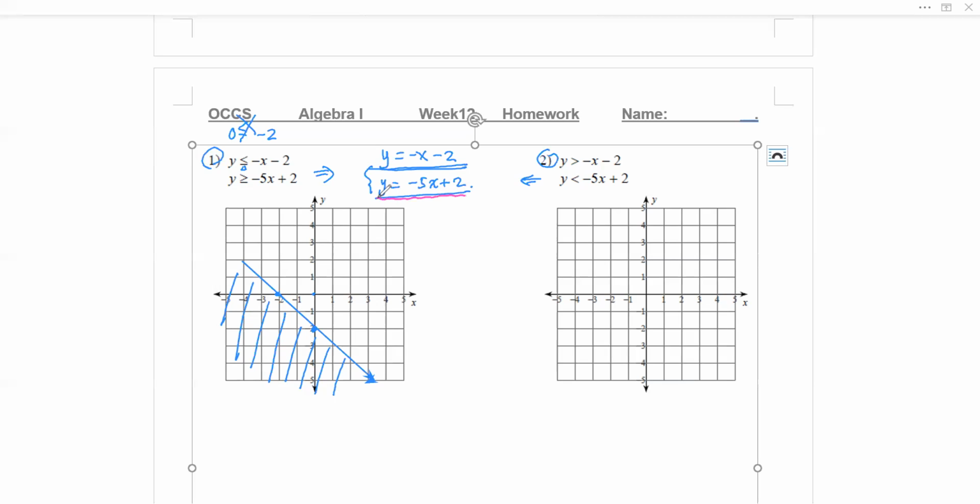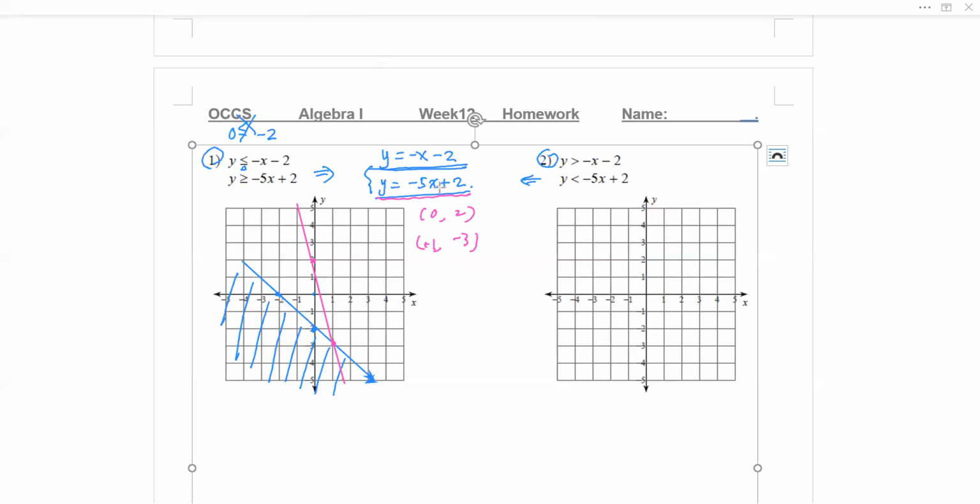So this one passes through 0, 2, which is the y-intercept. And for the other point, we just pick any one, like negative 1 or positive 1, negative 3, right here, right? So the cross point looks like it's right here, so you can graph it like this.